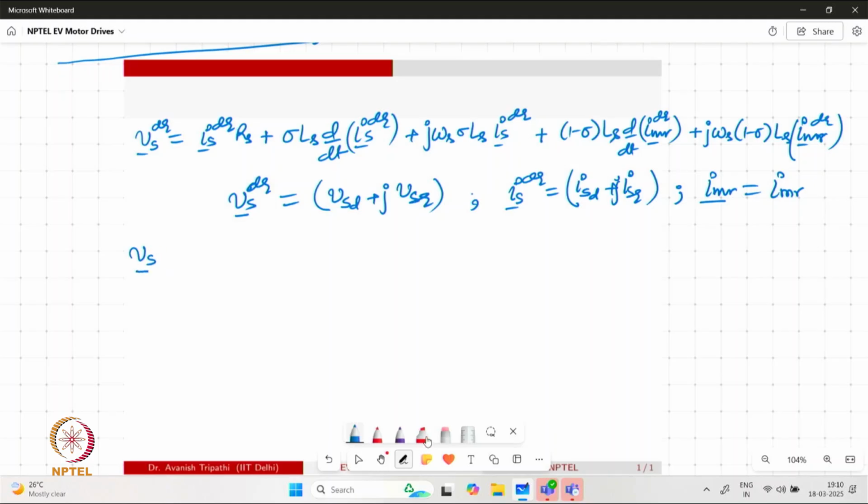Then we can take out the real and imaginary components from this equation and write the D and Q terms separately.